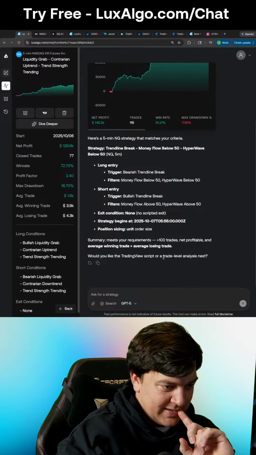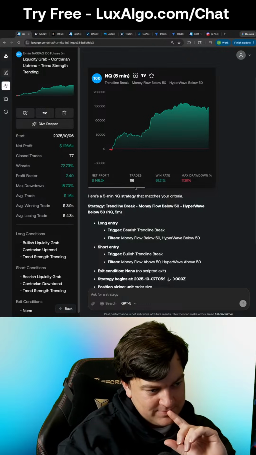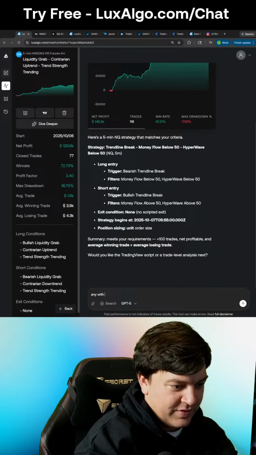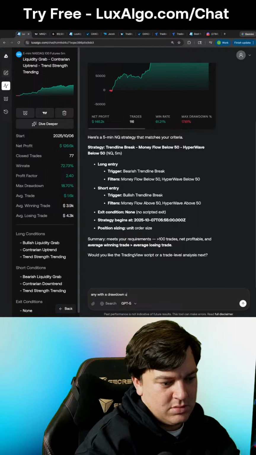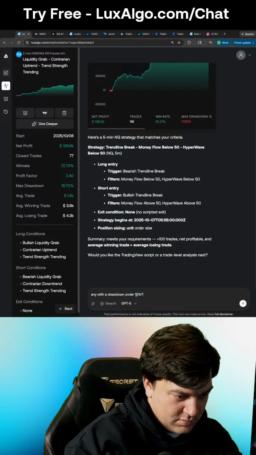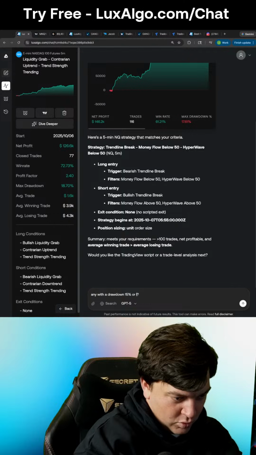Let me think here. Any with a drawdown under 15%. Let's say 15% or lower.